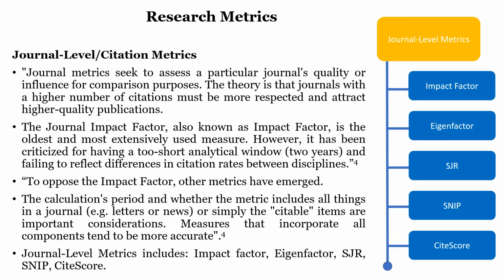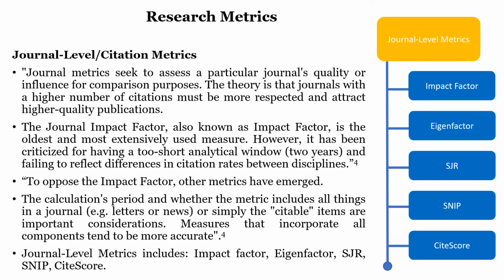However, it has been criticized for having too short an analytical window, just 2 years, and for failing to reflect the differences in citation rates between disciplines. So to oppose the impact factor, other metrics have emerged.